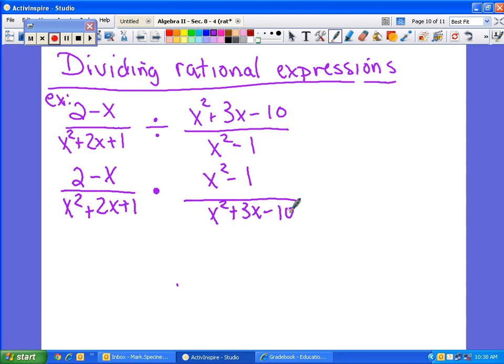All I do is flip the second fraction and change the division sign to a multiplication sign. So you see, Lucas and others, it's exactly the same as what we just did with just one little additional step. No reason to get all jazz hands.